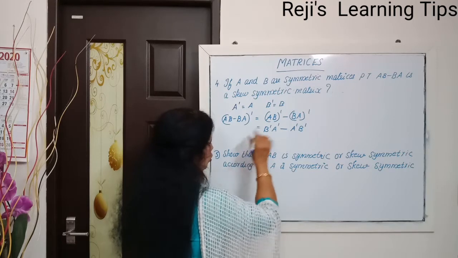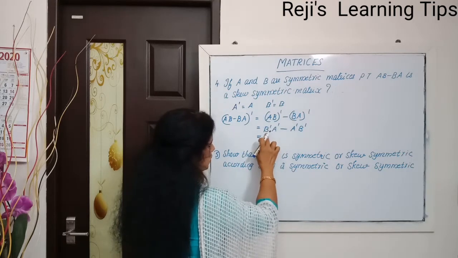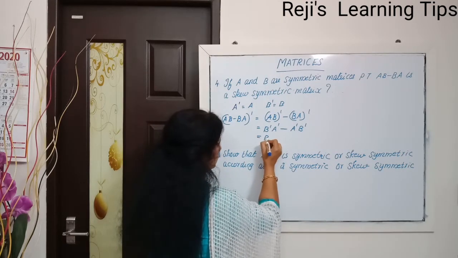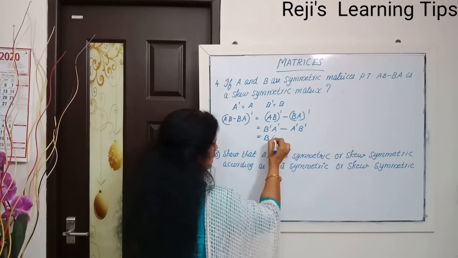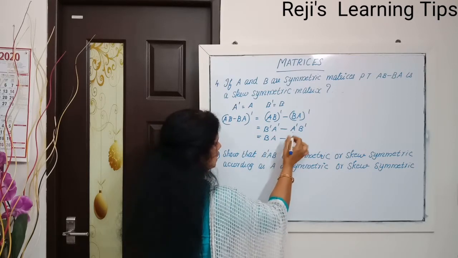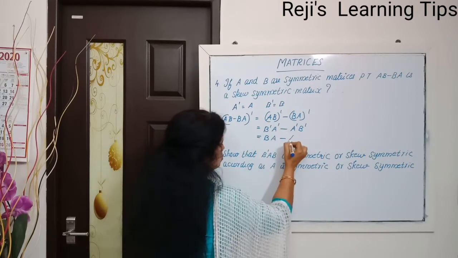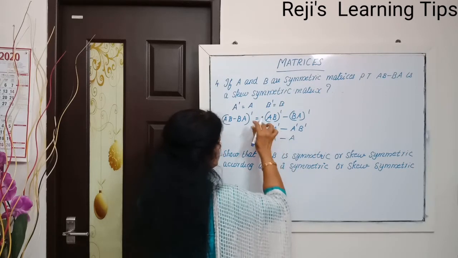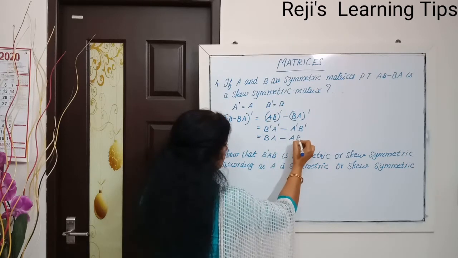Then we know that B transpose is equal to B, so we write B here. A transpose is equal to A, so we write A here. A transpose is equal to A, so we write A, and B transpose is equal to B, so we write B.